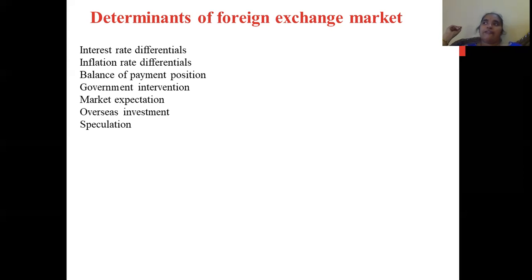So normally if I have extra funds, I will go and invest in country B. So there will be a huge flow of cash into country B, which will have an impact on its exchange rate. So for the country whose loan interest rate is lower, the demand for its currency will increase and it will have a repercussion on its currency value.